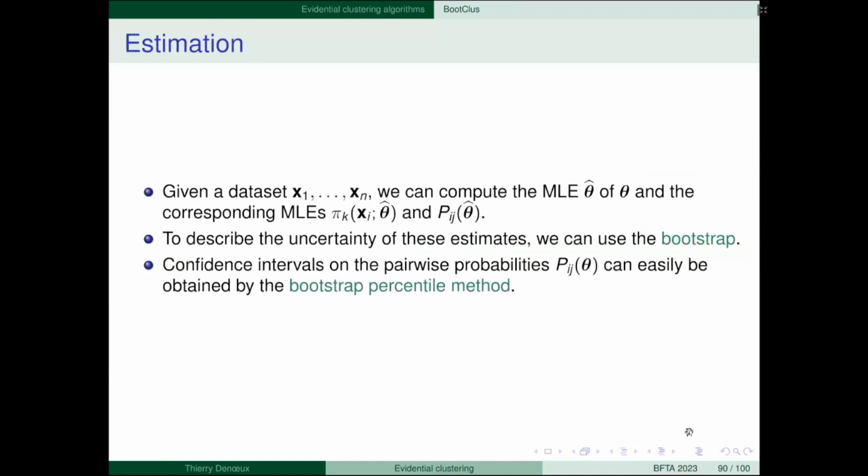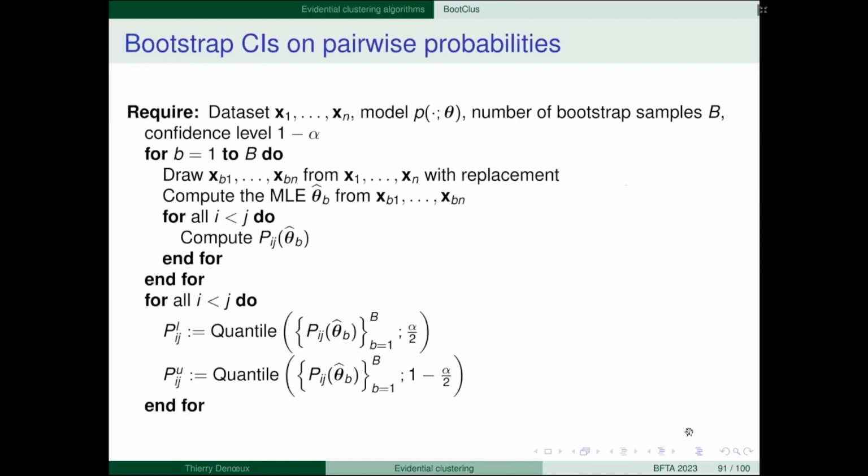And then to describe the uncertainty of these estimates, we can use a bootstrap. So we bootstrap the data. We create several replicates of the data set, and we can compute bootstrap confidence intervals on these pairwise probabilities. So how to do this?